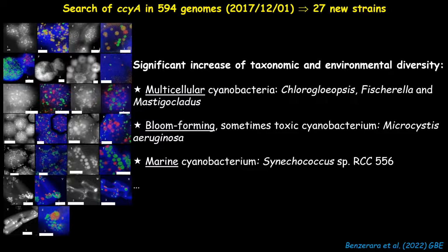At that time, in the public databases, we had 600 cyanobacterial genomes available in the NCBI database. So we searched these 600 genomes for calcyanine. We found 27 new strains.